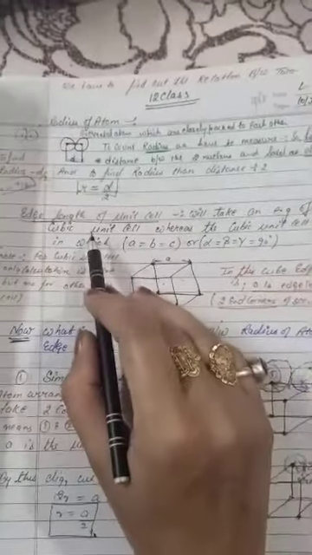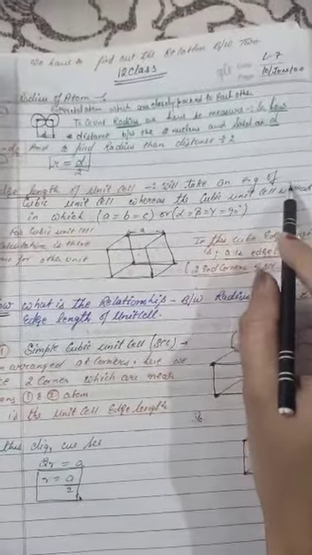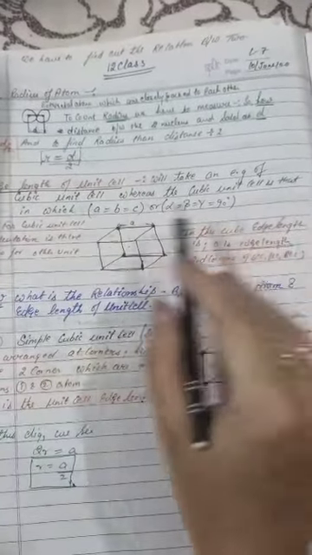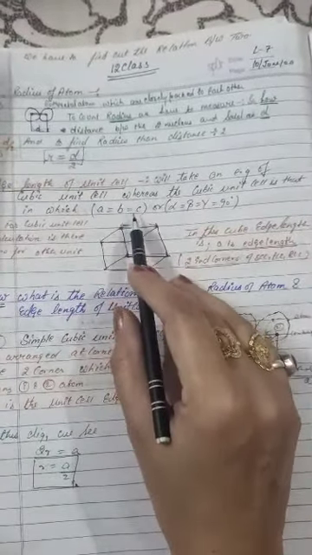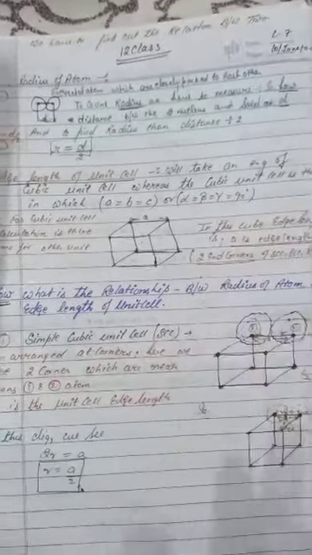Now let's see the edge length of the unit cell. We'll take the example of a cubic unit cell, in which a is equal to b is equal to c, and alpha is equal to beta is equal to gamma, that is 90 degrees.